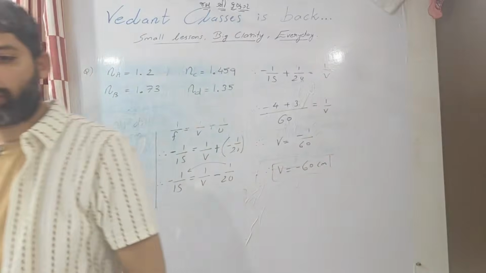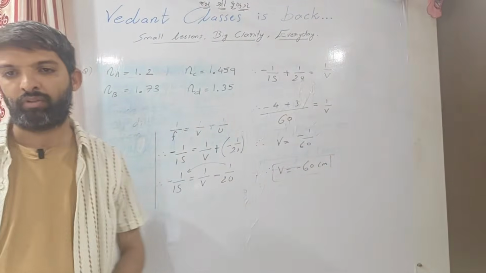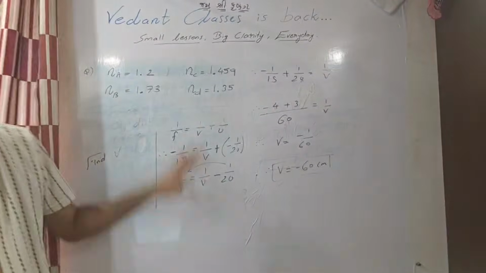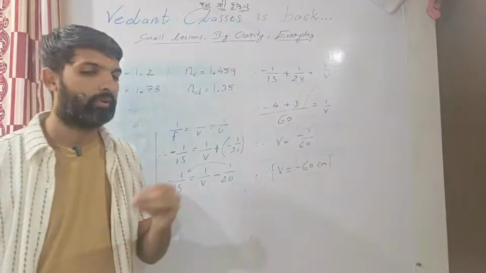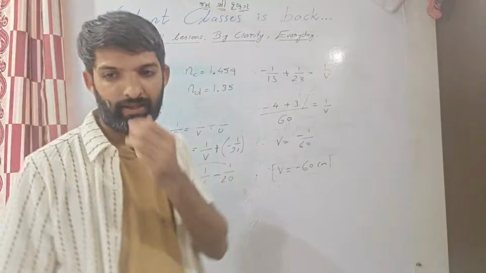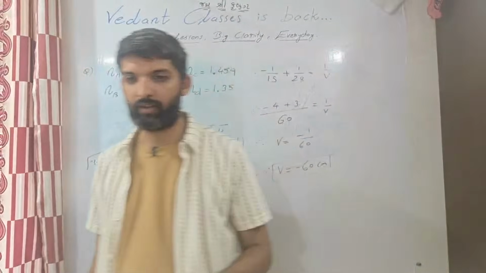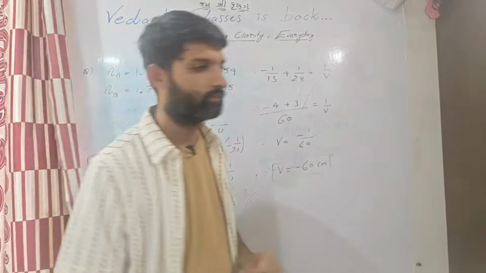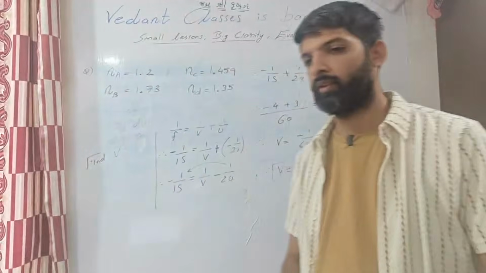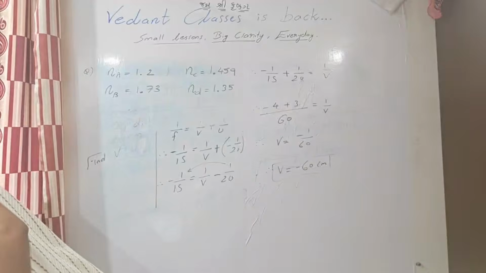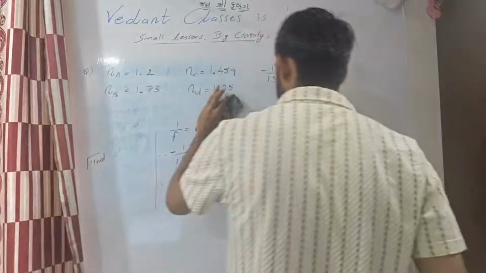Okay, I've given you 4 mediums A, B, C and D. In which medium speed of light will be maximum and why?